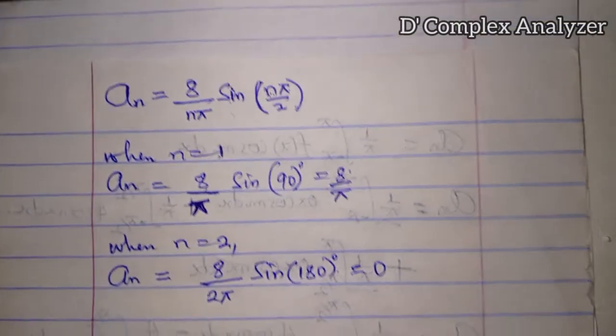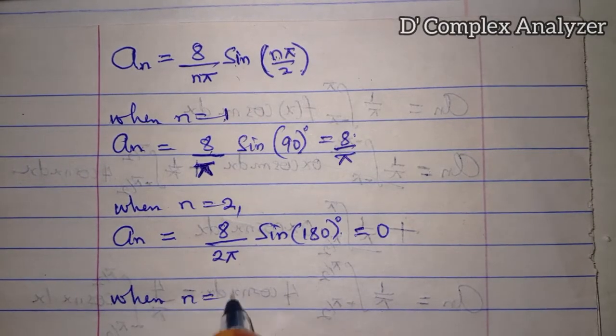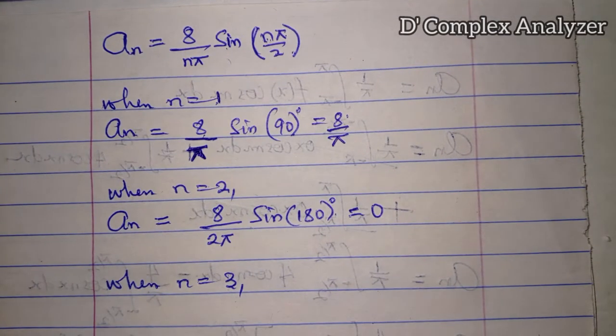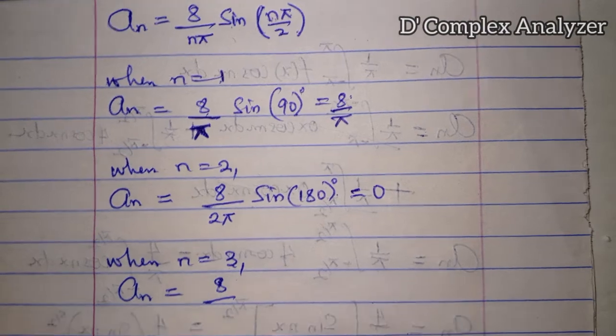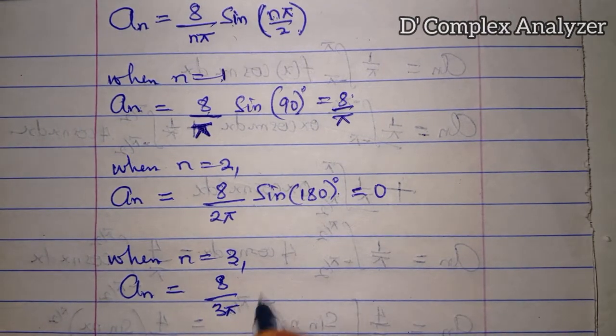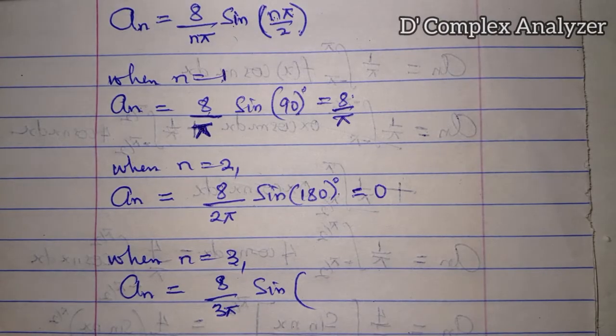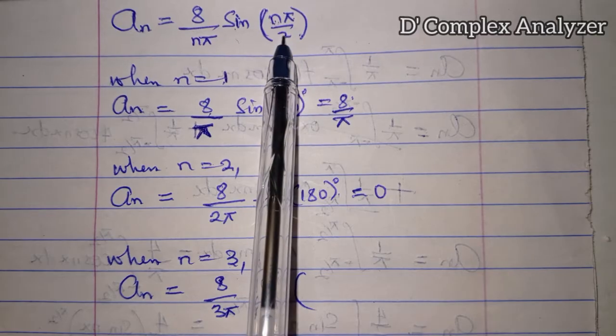When n equals 3, what is a sub n? It's interesting. A sub n is simply 8 over 3 pi, because we have n pi, 3 pi, times sine of 3 times 180 divided by 2.